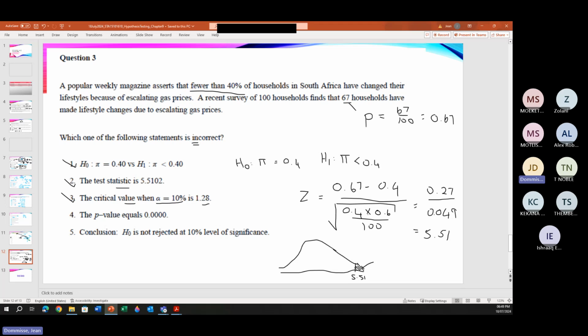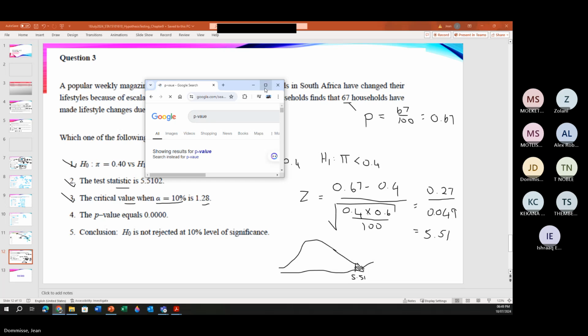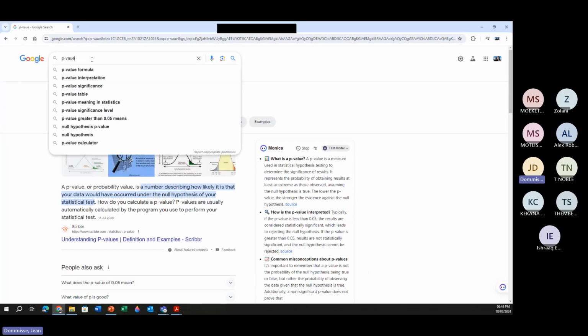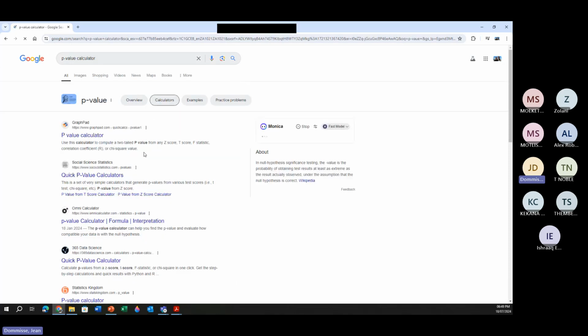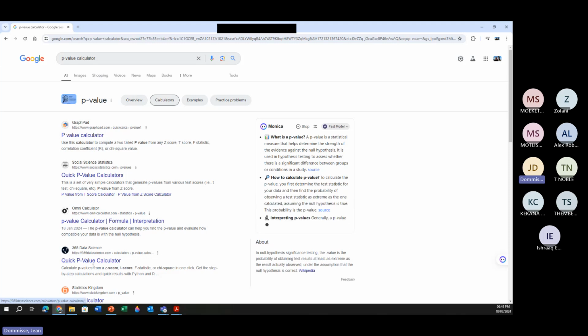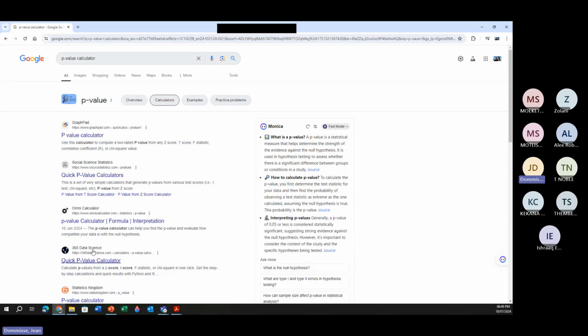So just for interest's sake, let's Google what the answer would have been, because again, it is very small. So let's do a p-value calculator. I just want to see the one that I normally like to use.